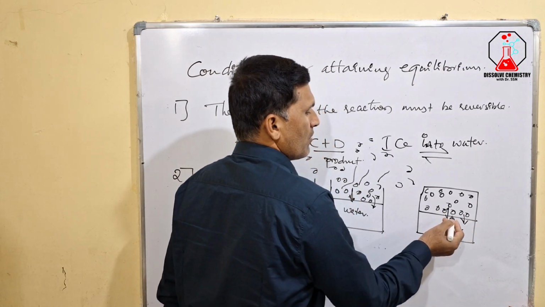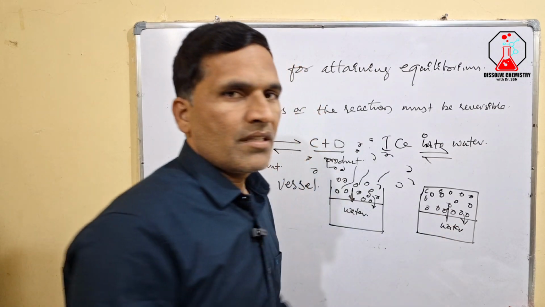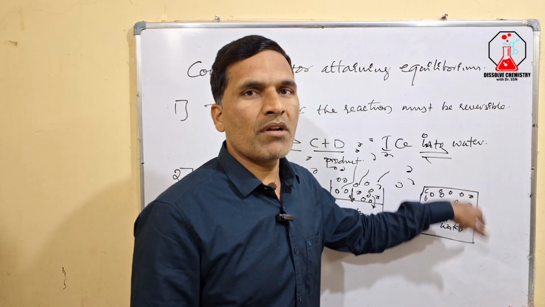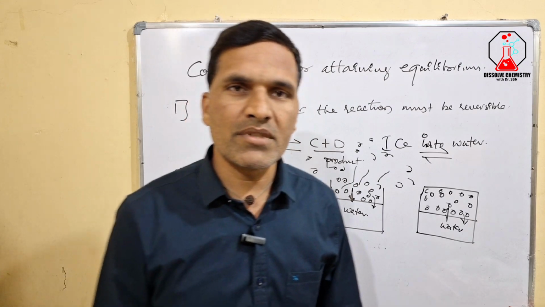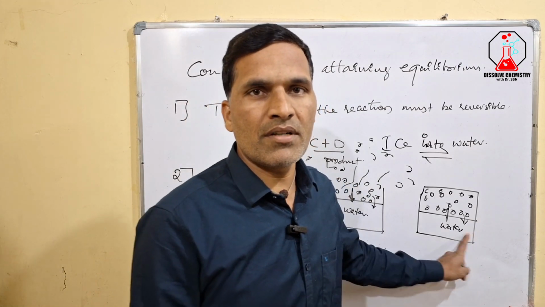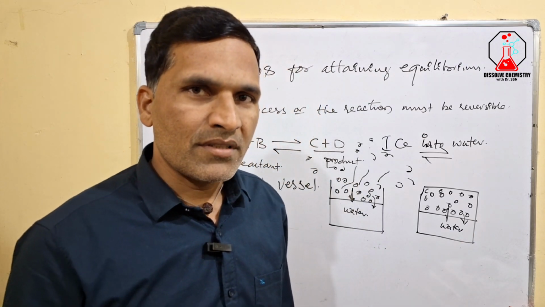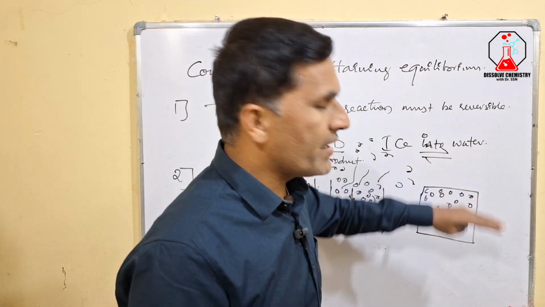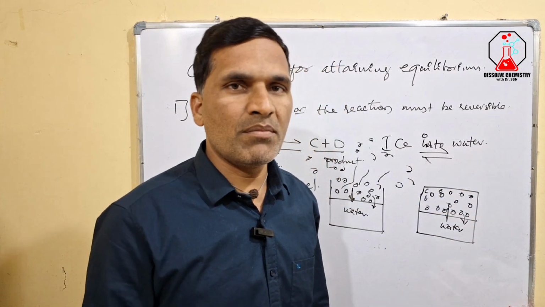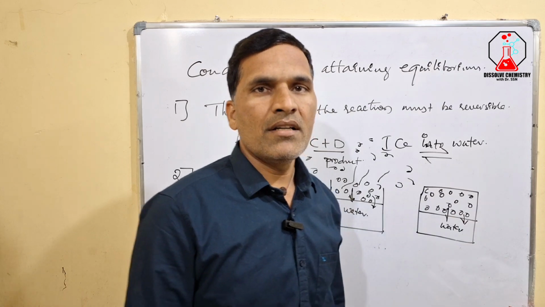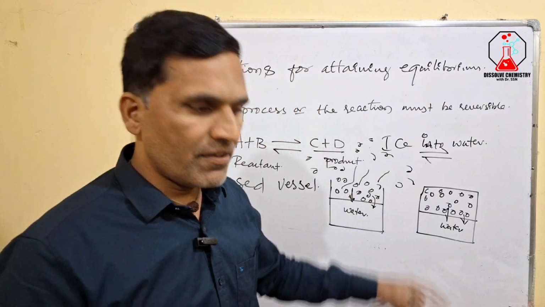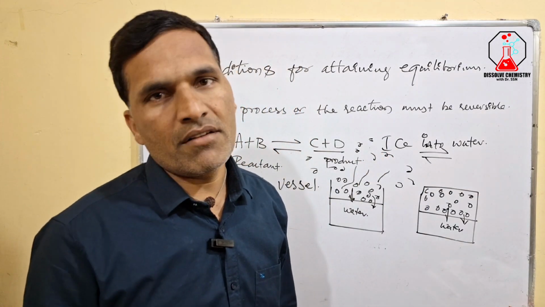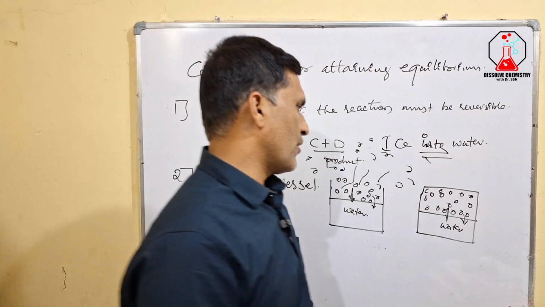When the number of molecules escaping and the number of molecules condensing back become equal, it attains equilibrium. Therefore, only if you keep it in a closed vessel is it possible to maintain the pressure and temperature constant, and observe the equilibrium. That is very important.